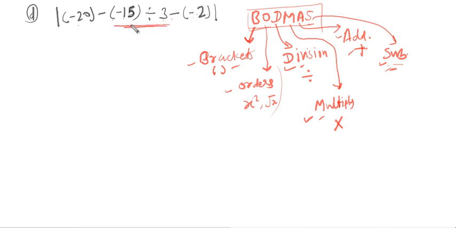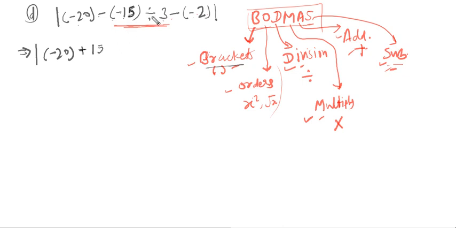We have to solve this first. How? See here. Now write this value as it is: minus 20 minus, first we solve the bracket. Minus will be plus, minus multiplied gives plus, then 50.